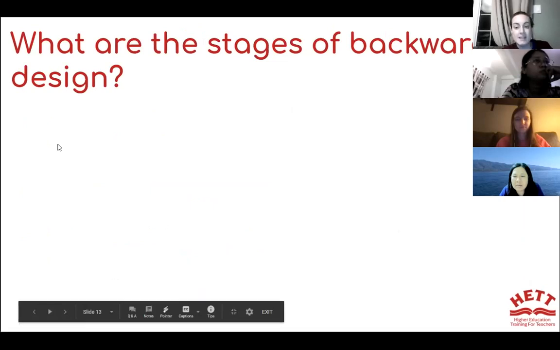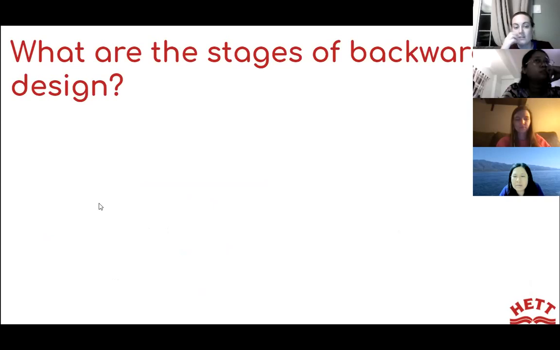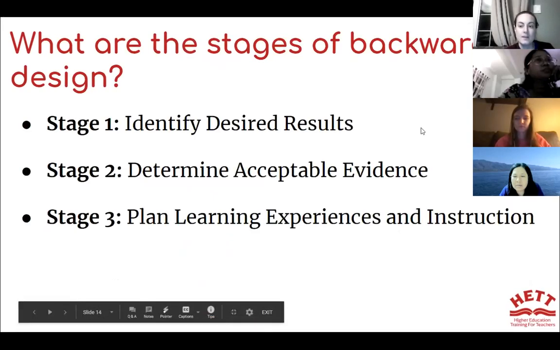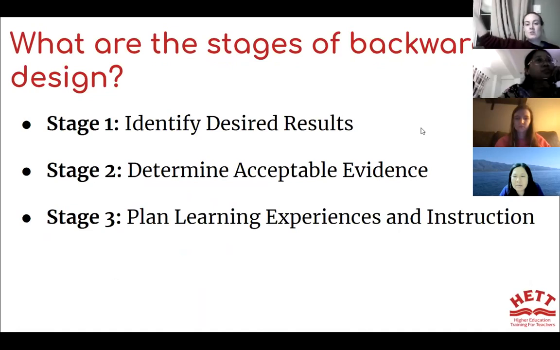So let's look at the stages of backwards design. Does anyone know the 3 stages of backwards design? Stage 1, you think of the end. What is your desired result at the end? What do you want your students to be able to do at the end?